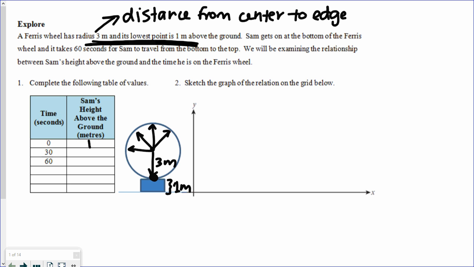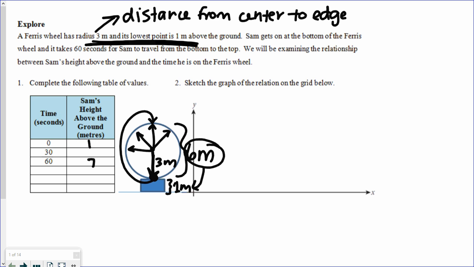It says it takes him 60 seconds to go from the bottom to the top. So when he's at the top, again, the radius is 3 meters, so the diameter of the whole thing would be 6 meters. So his height above the ground is actually 7 meters when he's at the top, because again, 6 meters for the Ferris wheel plus the 1 meter at the bottom.